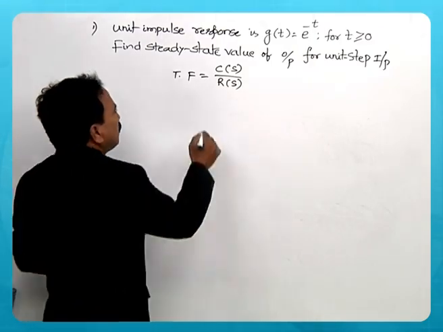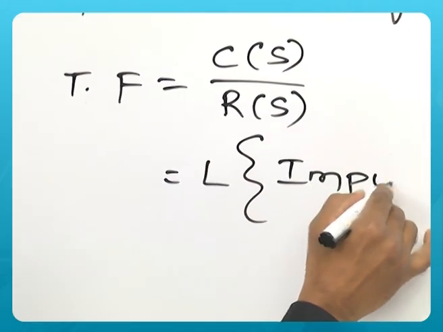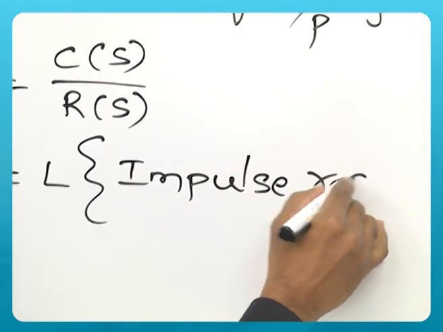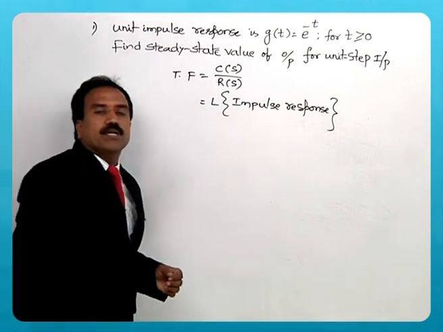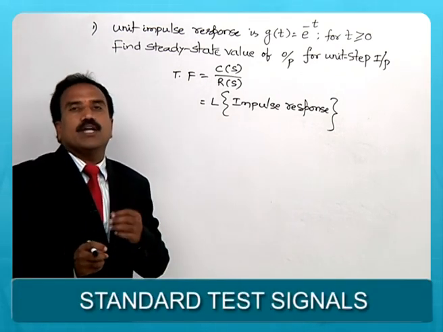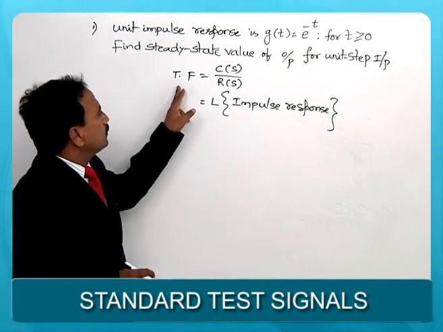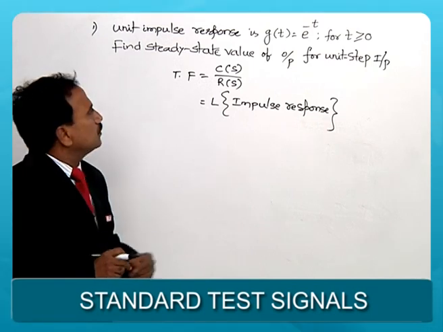Otherwise, transfer function is also Laplace transform of impulse response. Because the R of S value for impulse input is 1, so transfer function is nothing but Laplace transform of impulse response. So that is given here.